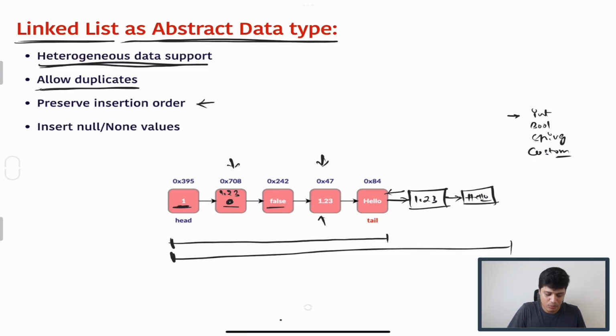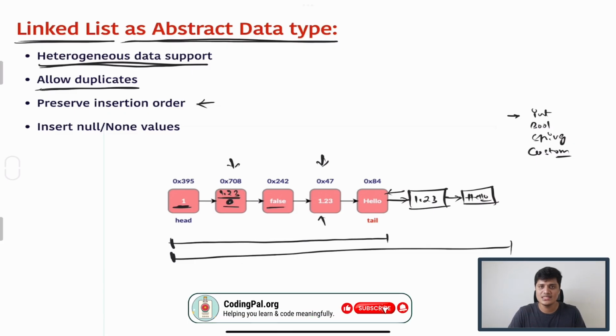And the 1.23 that we have here, I inserted after 1. Similarly, the false that we have, I inserted after 1.23. That means whatever order I insert the values into the linked list, it preserves that specific order.